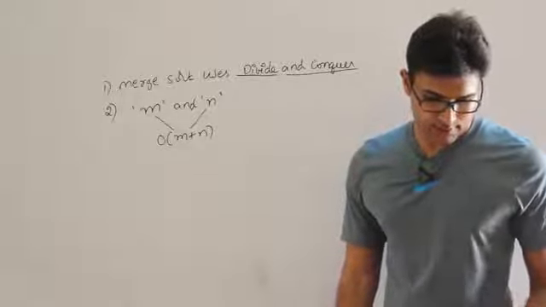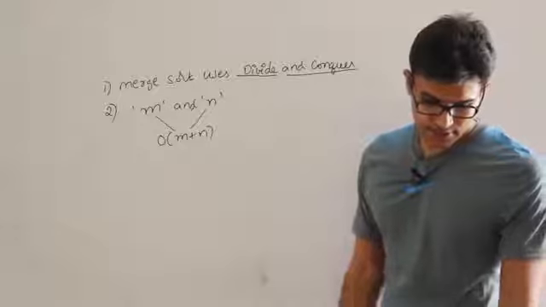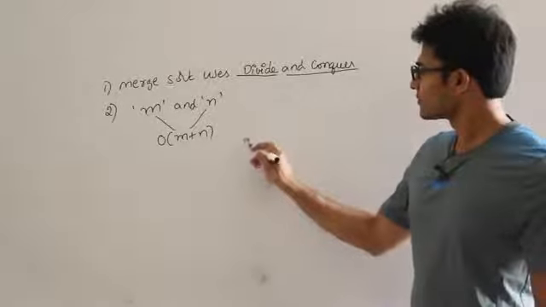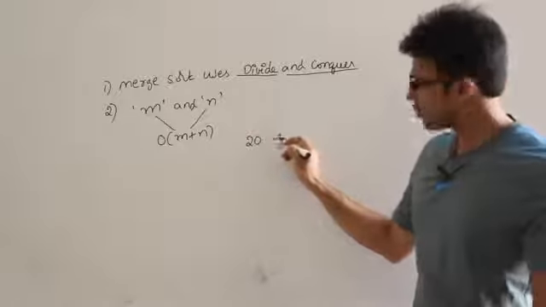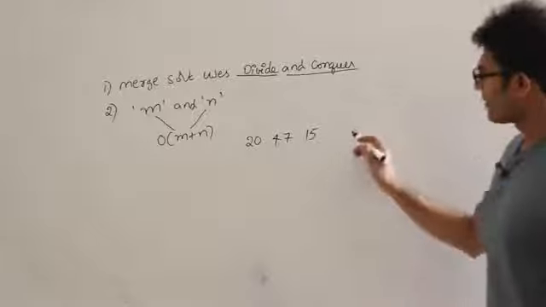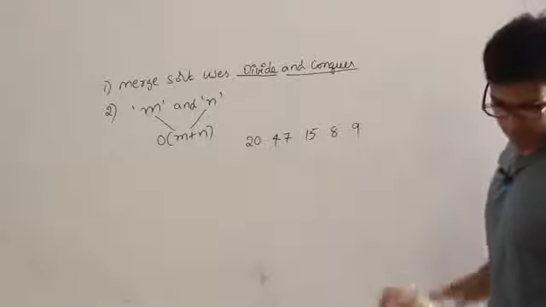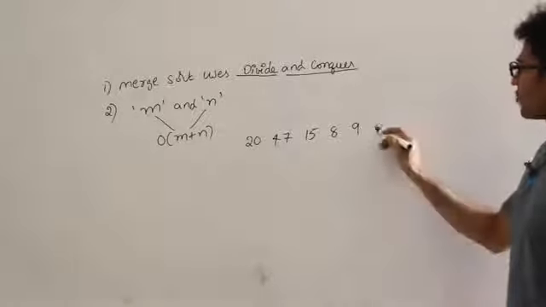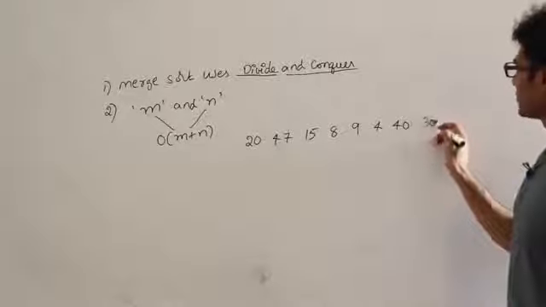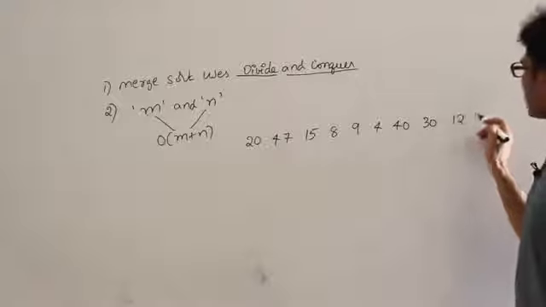And next one is, they have given an array like this: 20, 47, 15, 8, 9, 4, 40, 30, 12 and 17.